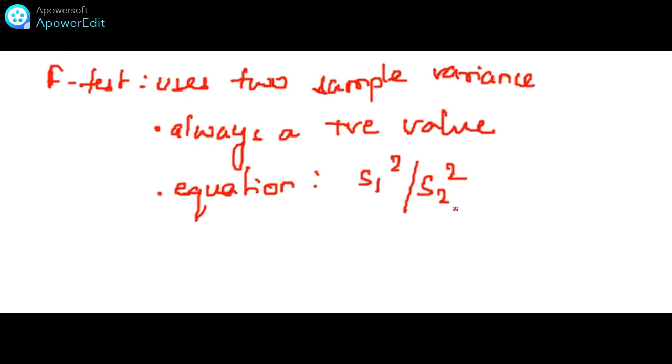The F test uses two sample variances, S1 and S2. S1 and S2 are used by dividing them by each other, and the value is always positive because variances are always positive.